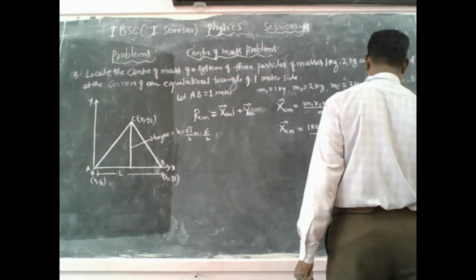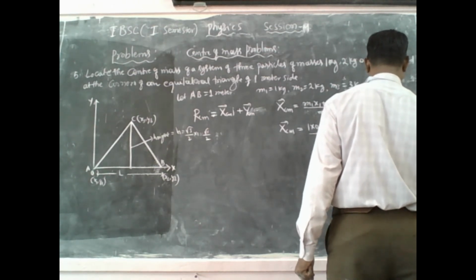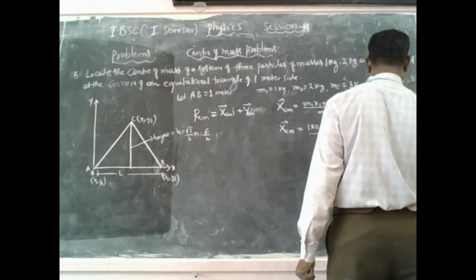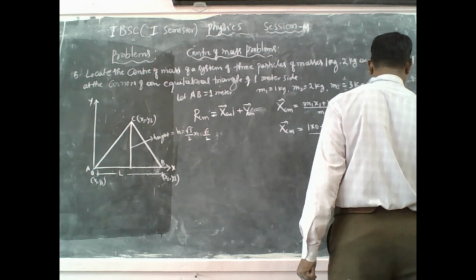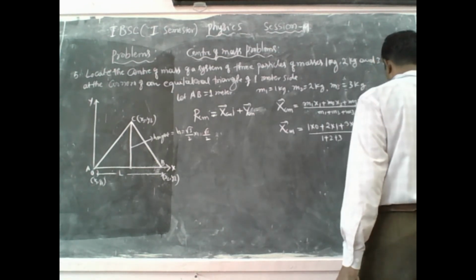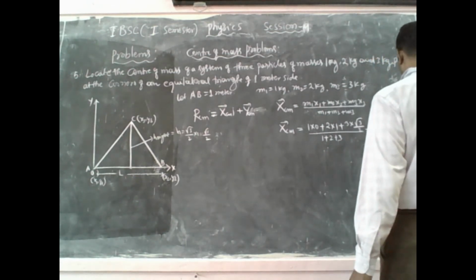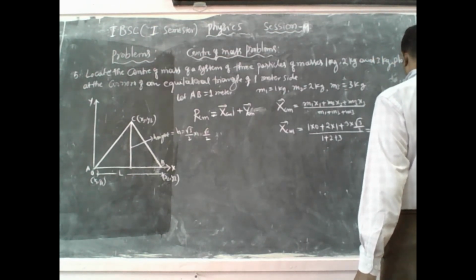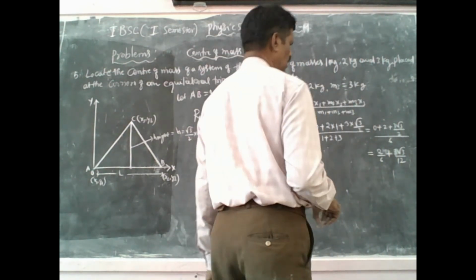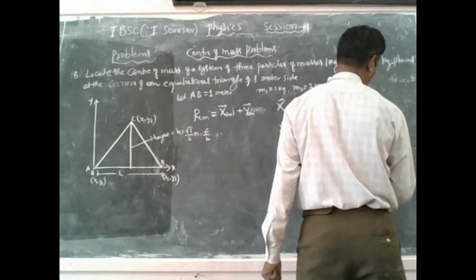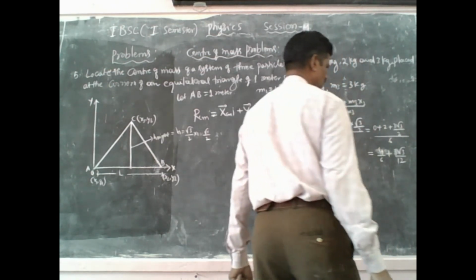That is 2 by 6 plus 3 root 3 by 12, isn't it? Or 2 into 2, 4. This can be written as 4.